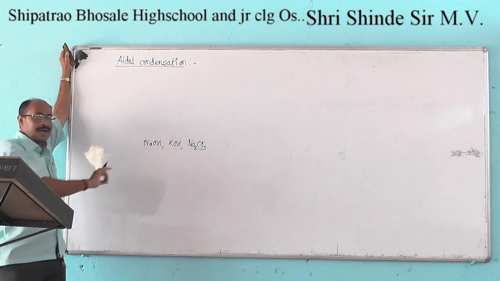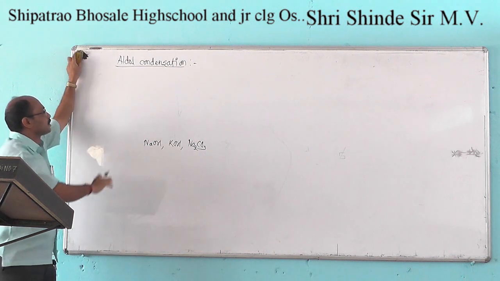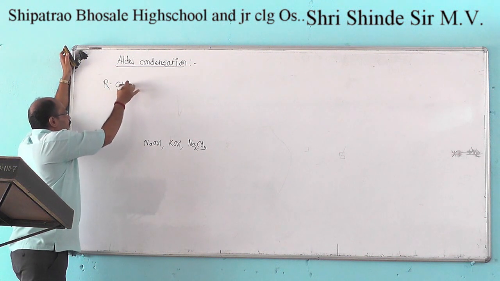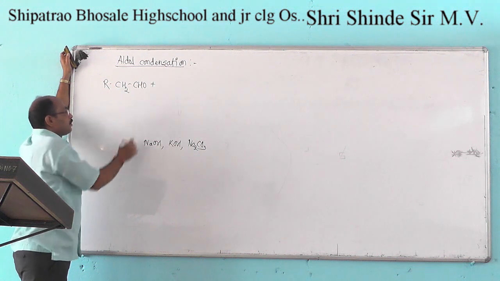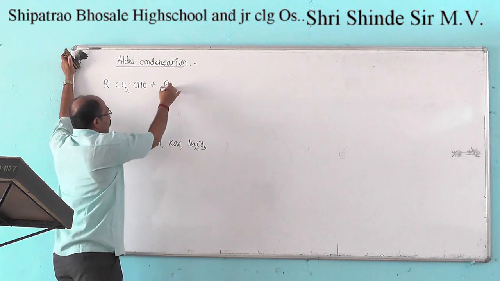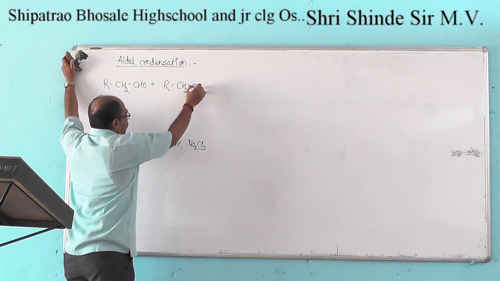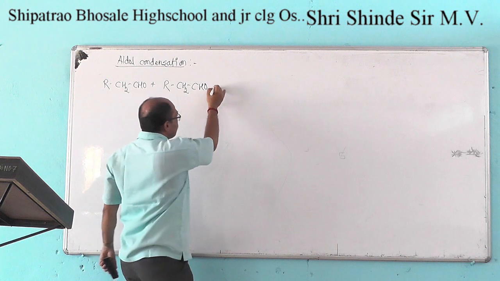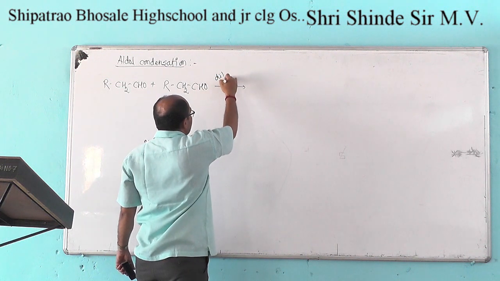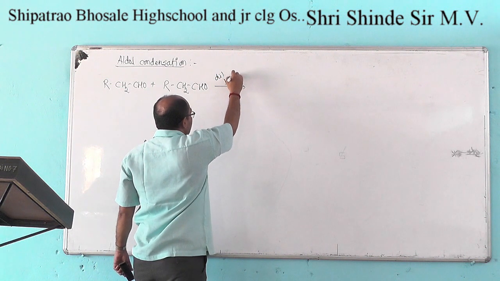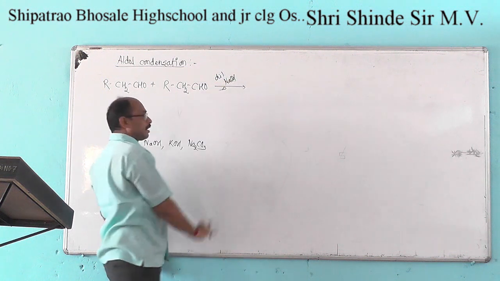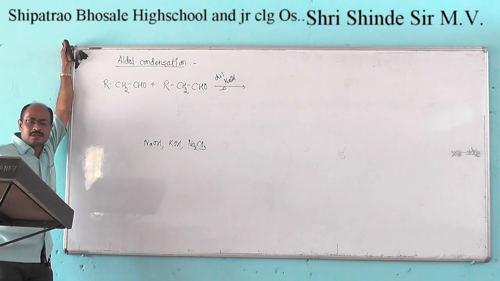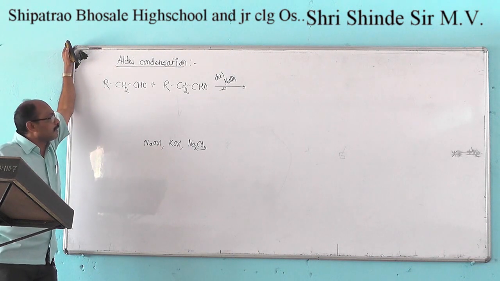These are the bases. Aldehydes or ketones which have alpha hydrogen are treated with dilute bases, sodium hydroxide, potassium hydroxide or sodium carbonate.